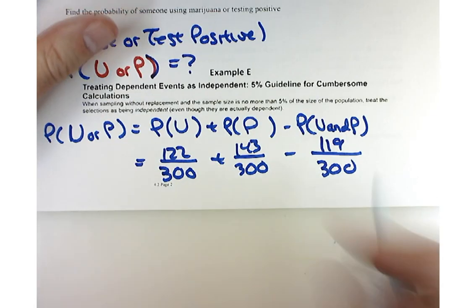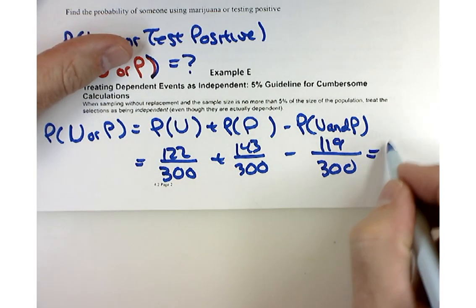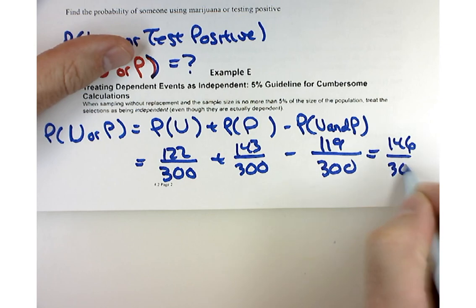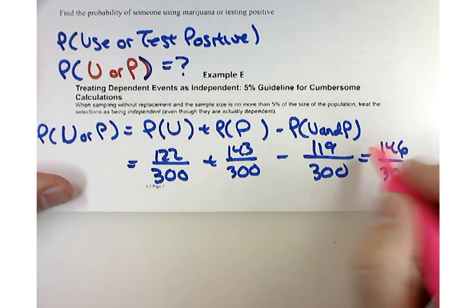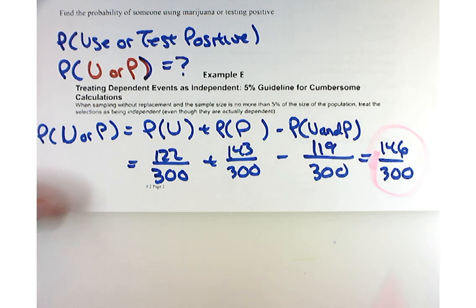So I think that's going to give you 146 over 300. And that's it for this one. So kind of a good refresh on your general rule for addition. But we're going to definitely be doing some work with this stuff. Do practice on it though. Comments or questions here? All right, let me stop this here.